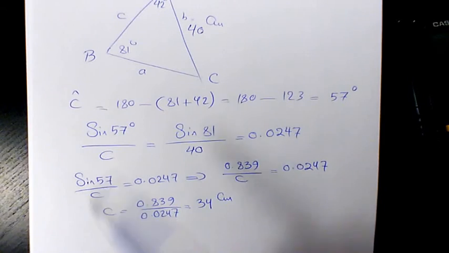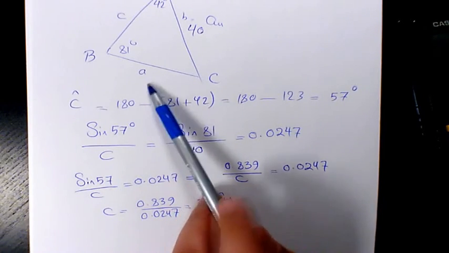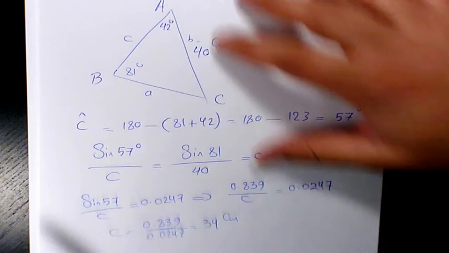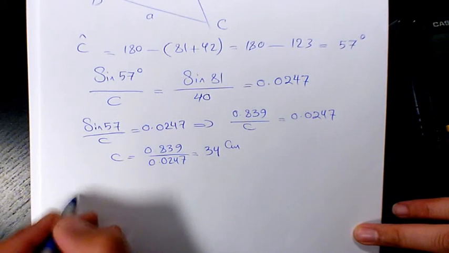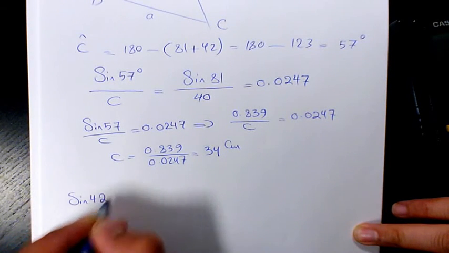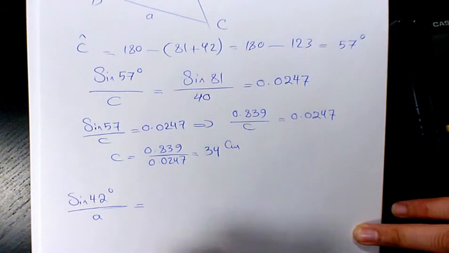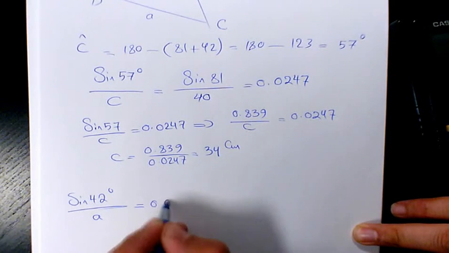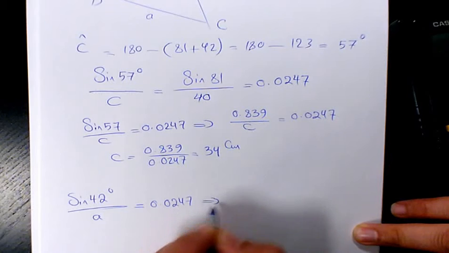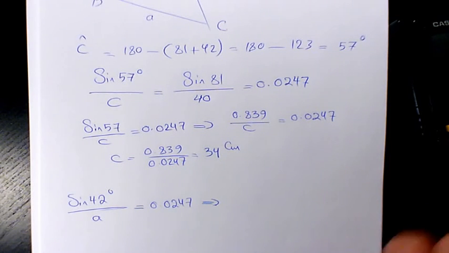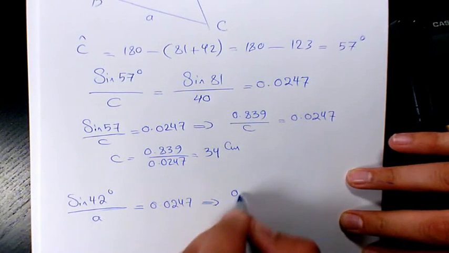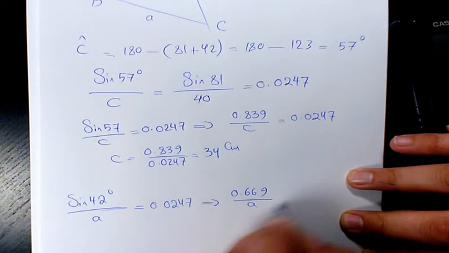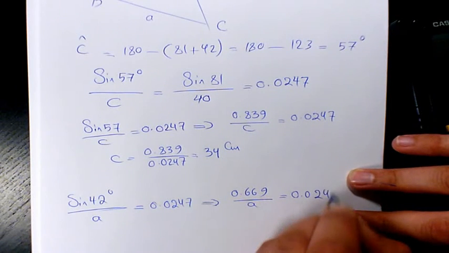Now the only thing missing is A. The angle is 42, so sine 42 degrees over A equals to 0.0247. Sine 42 is 0.669 over A, 0.0247.